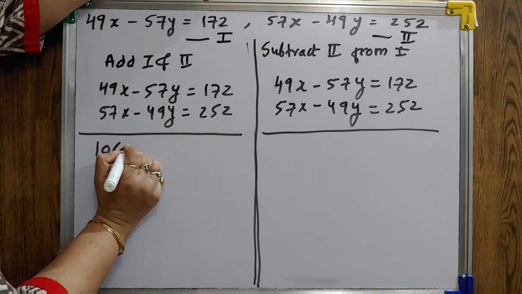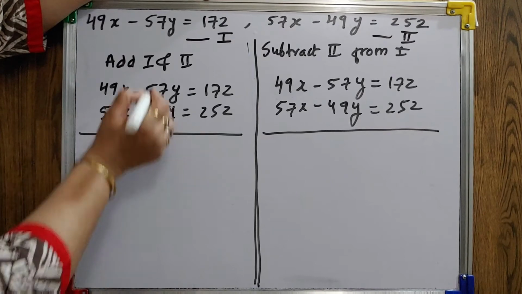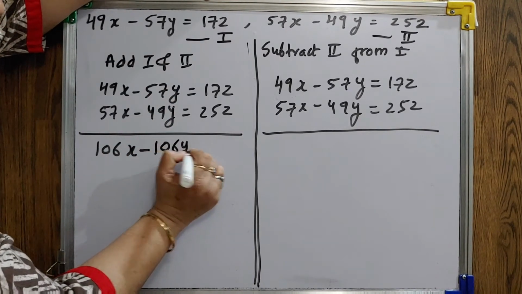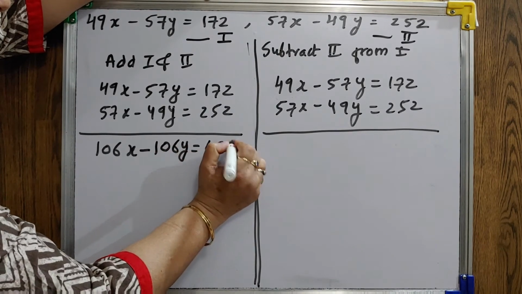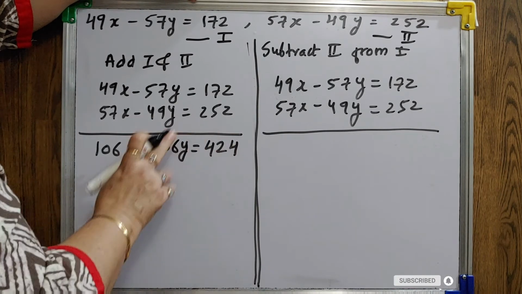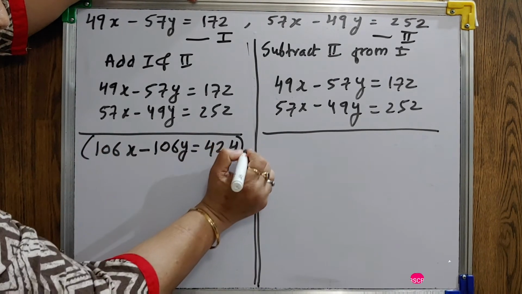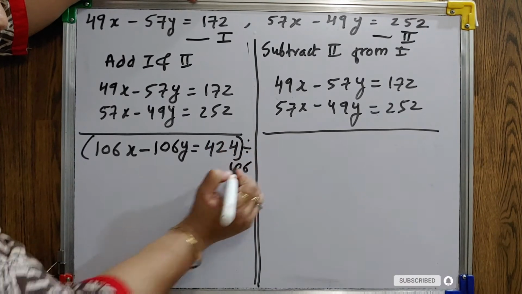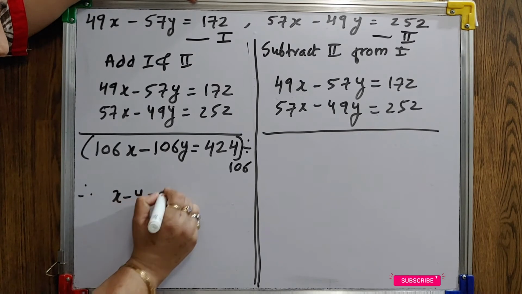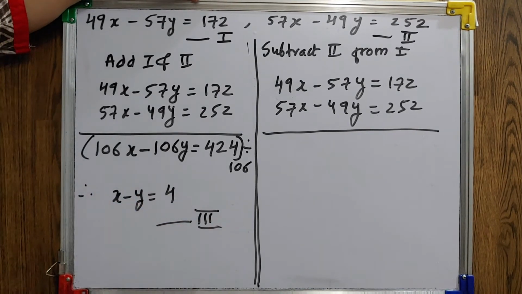When you add them, you will get 106. Both are negative, the sign will be minus, but you have to add both. Same way here. Always, whatever number you are getting, it is surely divisible by this number. So, divide the whole equation by 106. You will get x minus y equals 4. This is your third equation.